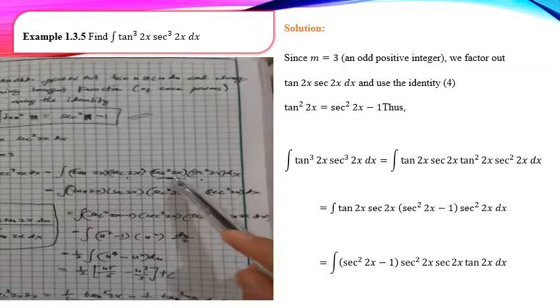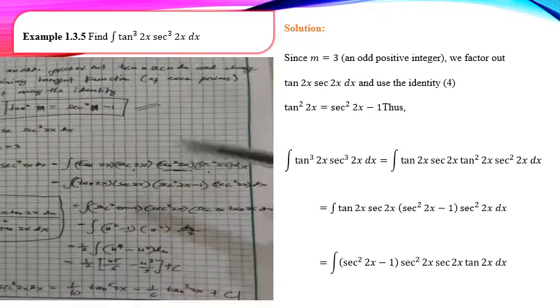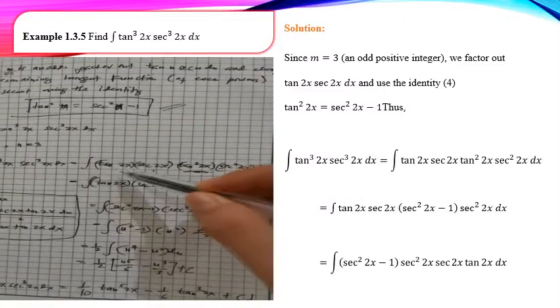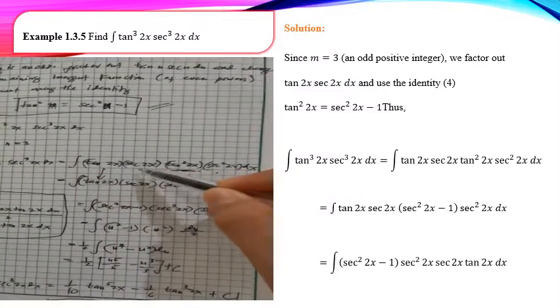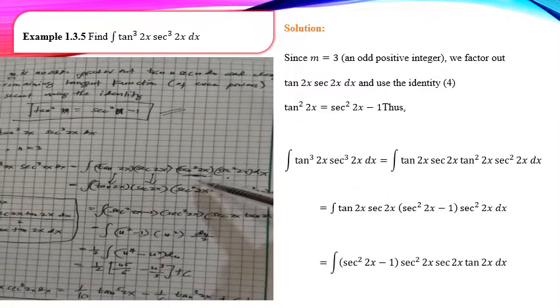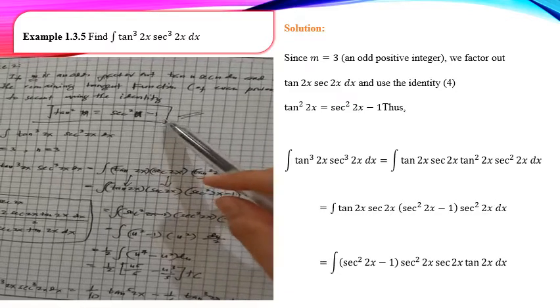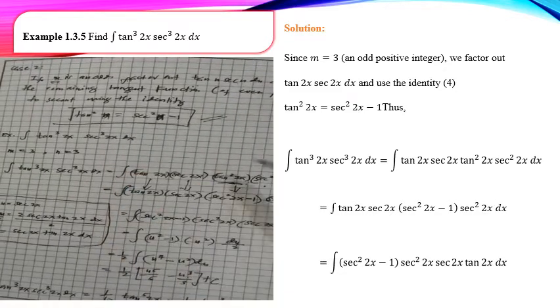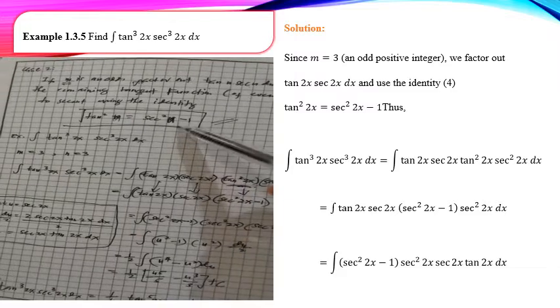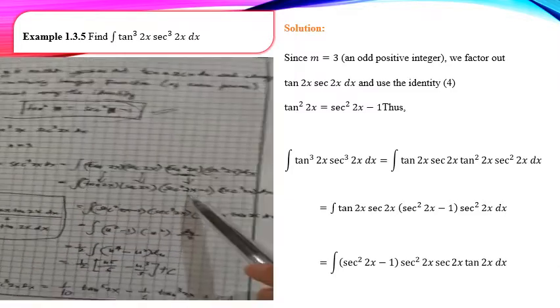Okay, so since eto si tangent squared, ibig sabihin even yung power niya, papalitan natin yan. Okay, so bring down lang natin si tangent 2x. Bring down lang din si secant 2x. Etong si tangent squared 2x, naging secant squared 2x minus 1 using this one. So that's why naging secant squared 2x minus 1.